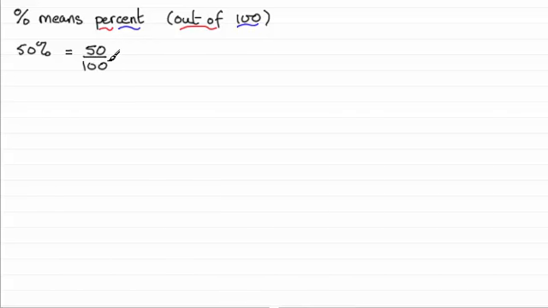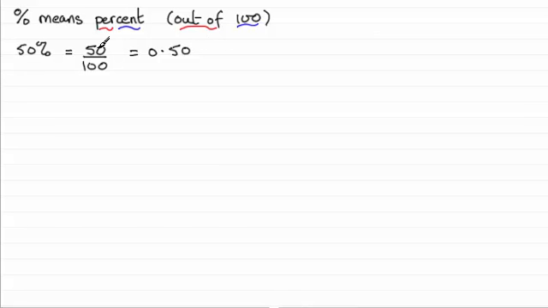We write it like a fraction here, 50 out of 100. And as a decimal, when we divide by 100, we move the point back 2 places. So this is the same as 0.50.